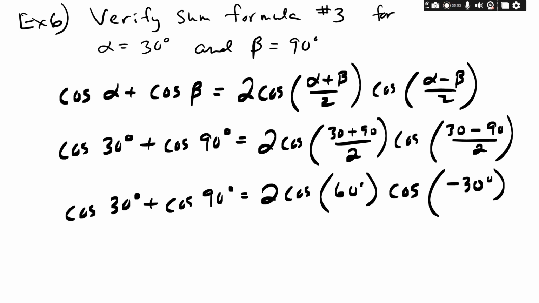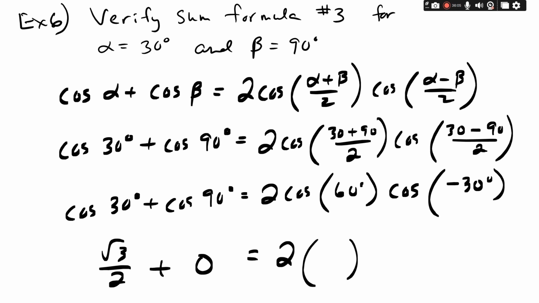Interesting. Okay, let's plug in the values. Cosine of 30 degrees is root 3 over 2. Cosine of 90 is just a big old 0. Cosine of 60 is 1/2. All right, cosine negative 30 is root 3 over 2.